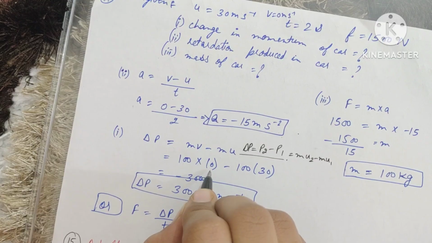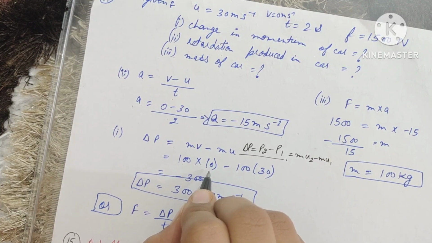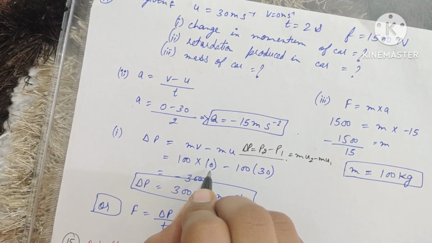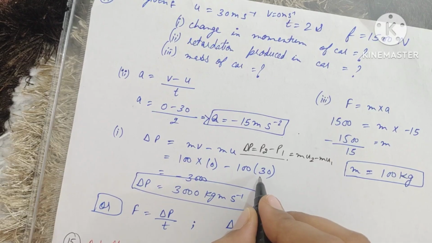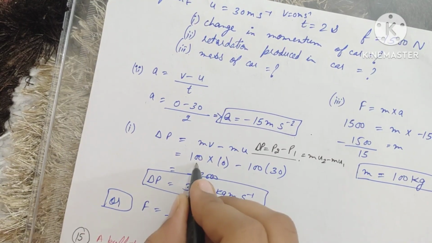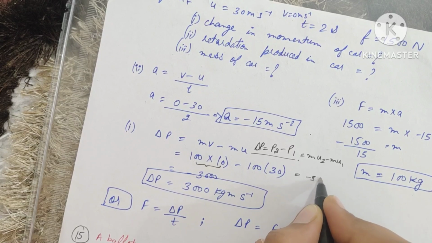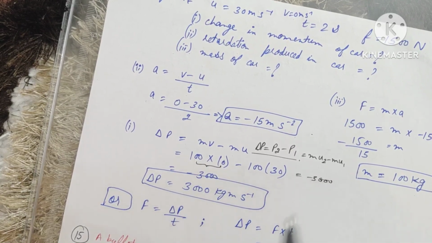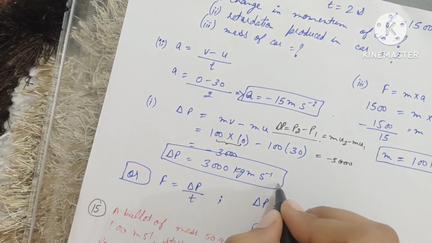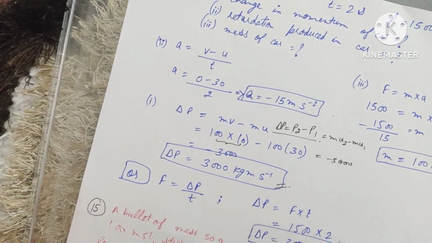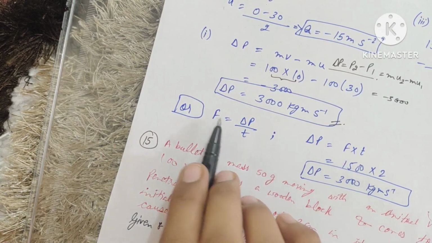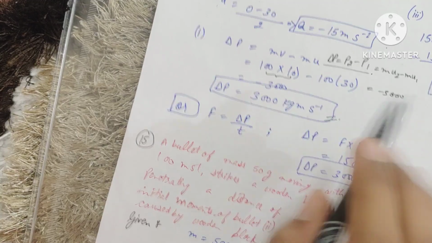It is 0 because we need to bring the body, the car, to the rest position. That's why. Initial velocity was simply provided. Solve it. This part you will get 0. It is equal to minus 3000. And you must note down the units, because it is also a physical quantity. After filling all these things, you will get the simple answer for the change in momentum.